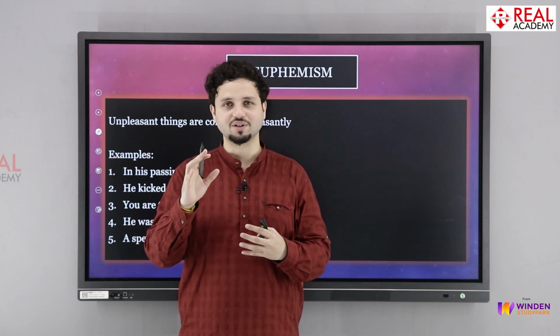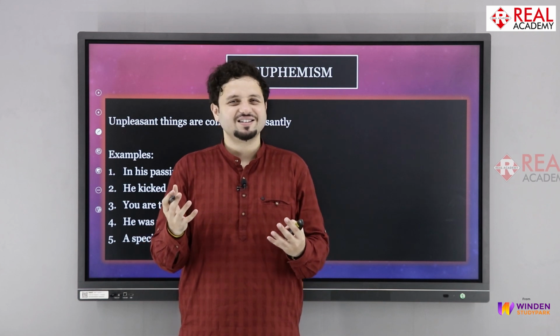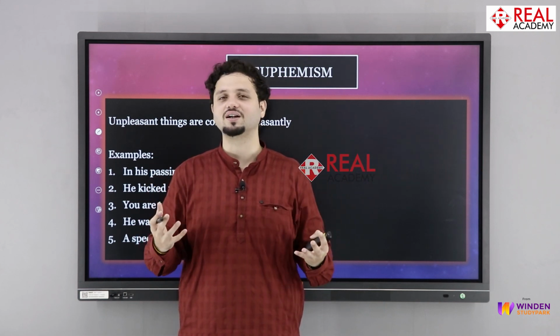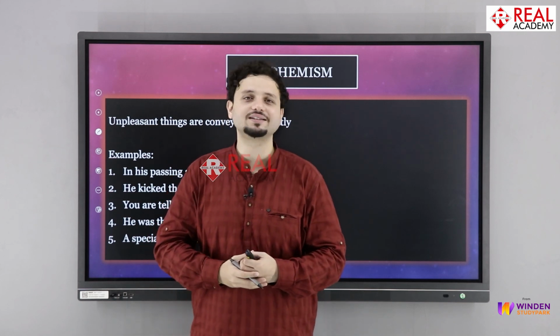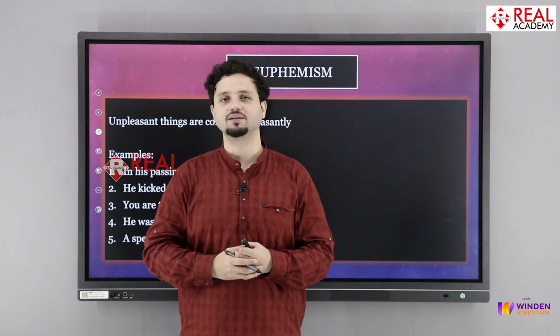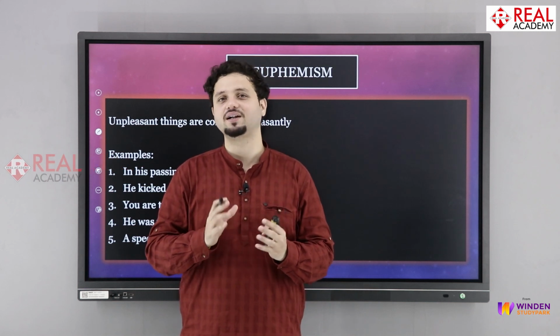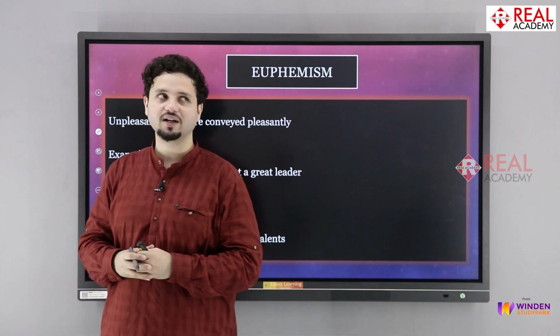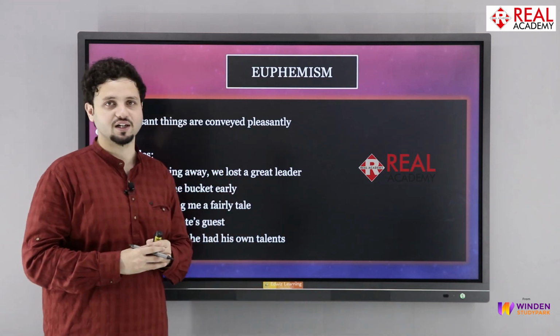You will say, stop, sir, what are you saying? It doesn't seem to be good, right? ये सब सुनना अच्छा नहीं लगता. But if I say in an accident a man passed away, पहले वाले से better है, right?